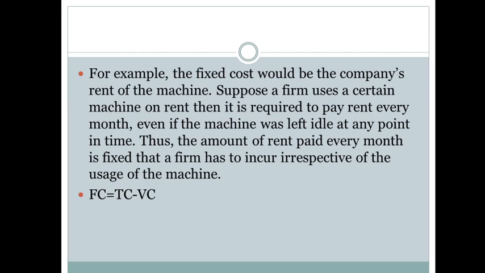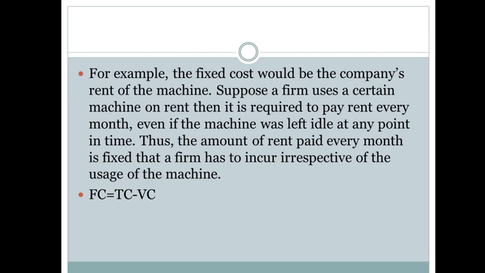Thus the amount of rent paid every month is fixed, which a firm has to incur irrespective of the usage of the machine. Or say we are taking a building on rent: even if we are producing or not producing, the rent will be the same, and therefore these costs are fixed.